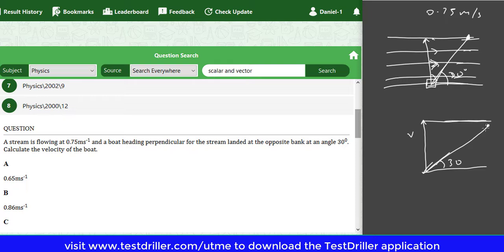The speed of the stream is horizontal, right? And the speed of the stream is 0.75 meter per second. So what we are looking for is this v. We know this angle, we know the speed of the stream, but we don't know the velocity of the boat. So let's calculate that.